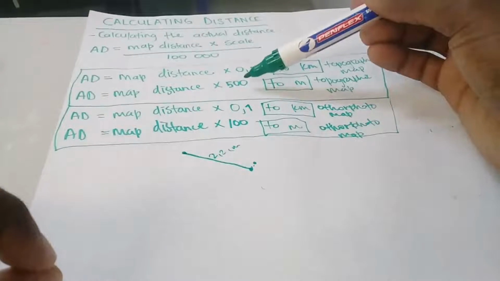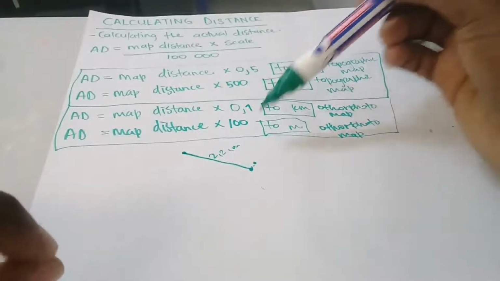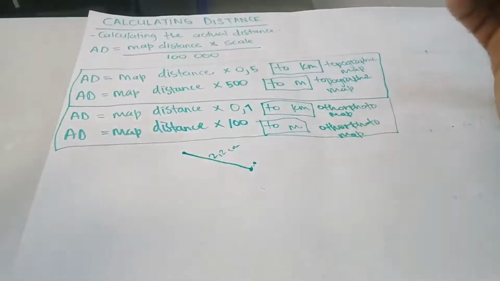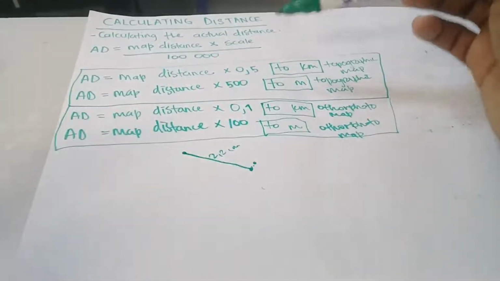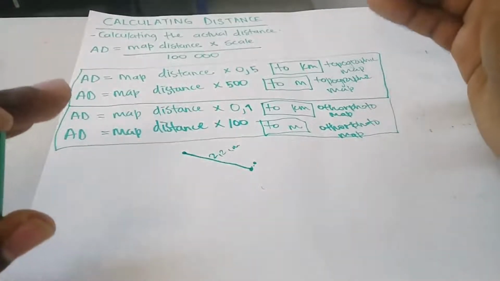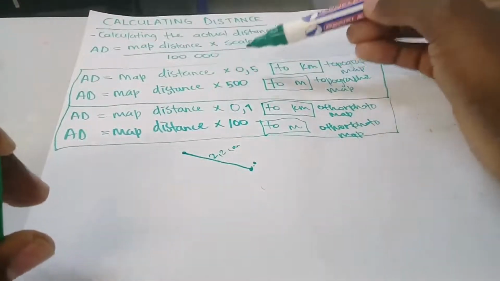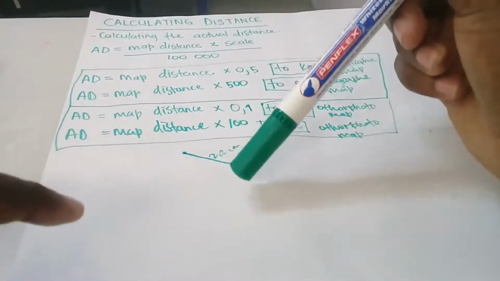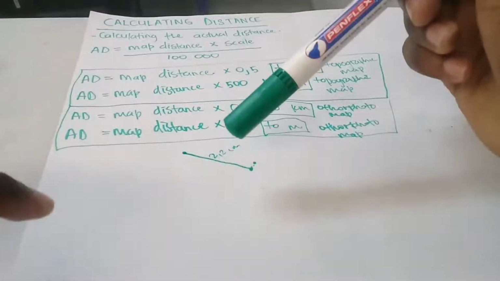If you want to turn it to meters, you multiply by 500, depending on the type of map that you are using. If you want the answer to remain in centimeters, you multiply by the map scale.